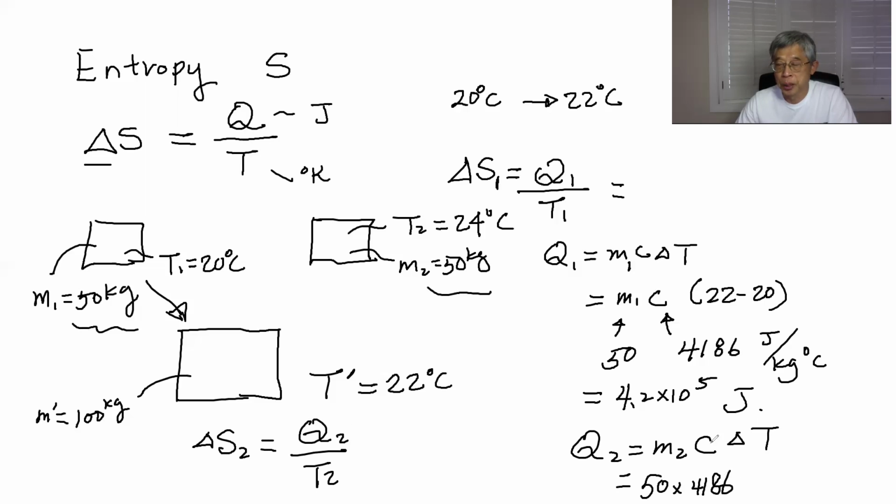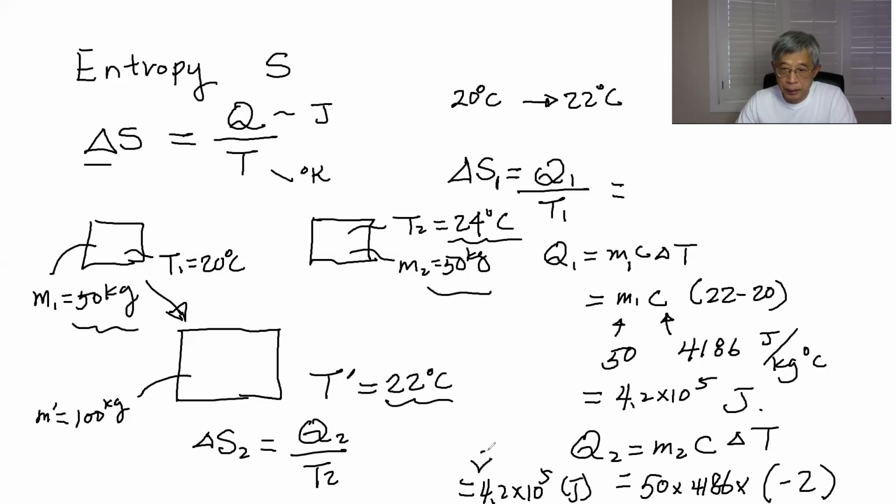We're going to assume the specific heat doesn't change that much. Delta T here is 22 minus 24, so it reduced the temperature, that's minus 2. So Q2 is equal to 4.2 times 10 to the 5 also, but there's a minus sign there.